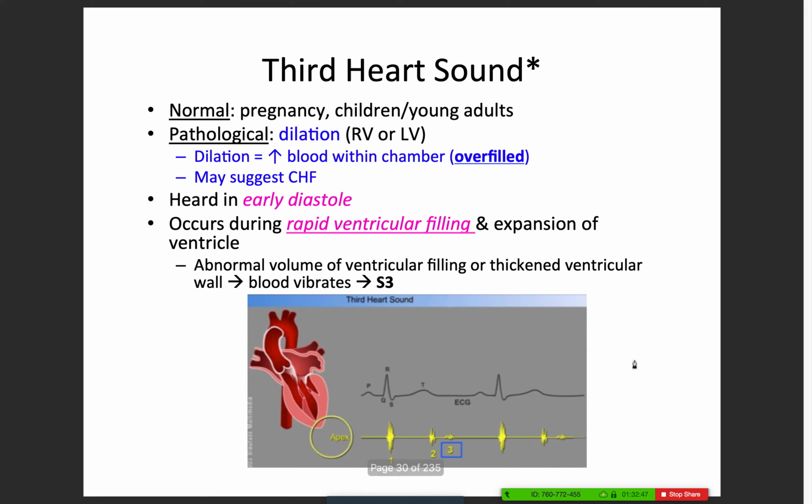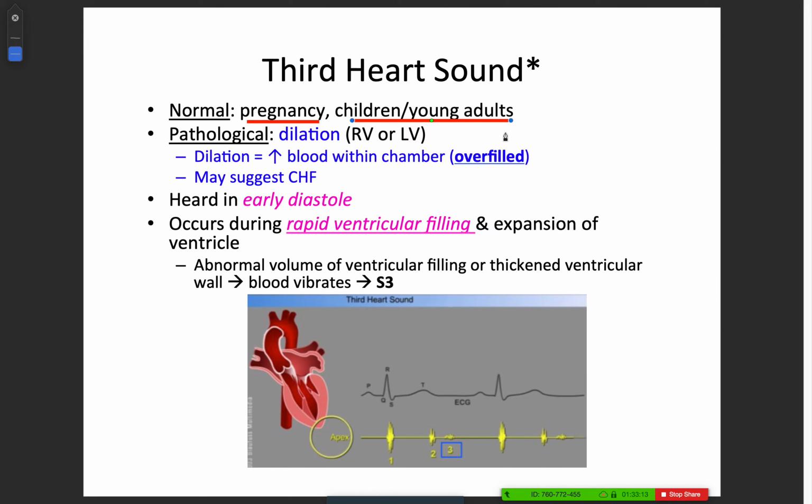Great. So our third heart sound, we talked about this already. Our third heart sound is an indication that our heart, or our bathtub, is already full, and we're pouring more water or blood into it. So for normal, we talked about pregnancy. Women in pregnancy, especially in the third trimester, have all this extra blood volume.